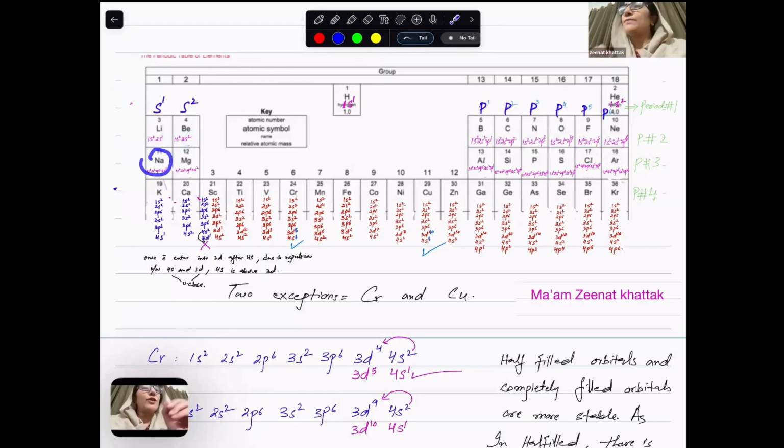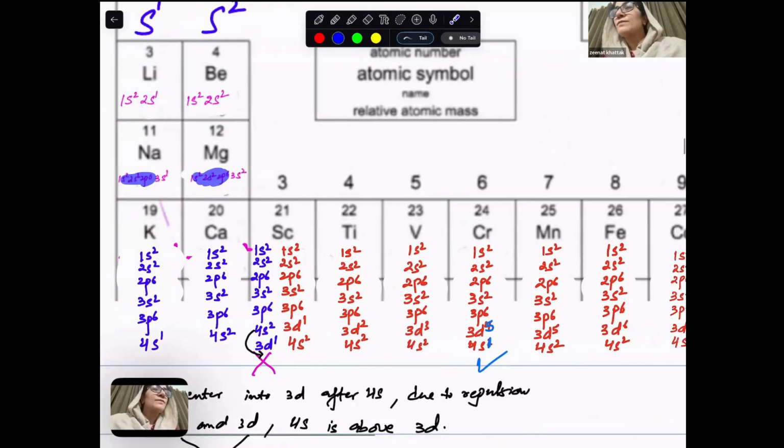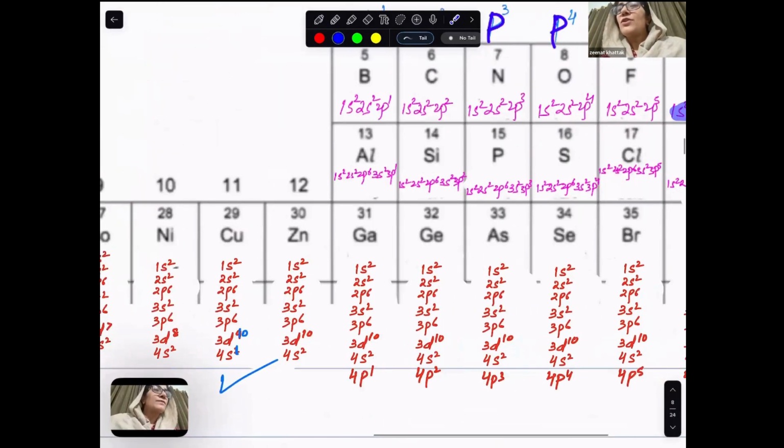But in sodium, what are you supposed to write? 1s2, 2s2, 2p6, 10 electrons, for neon. So what are you supposed to write? Neon 3s1, neon 3s2. Look.